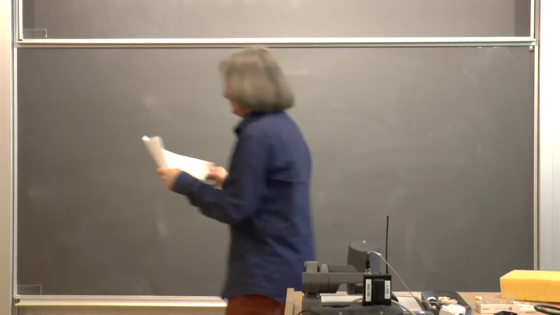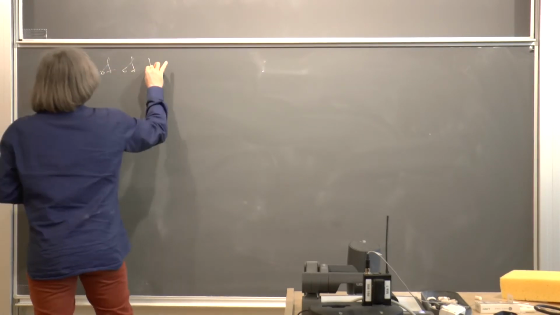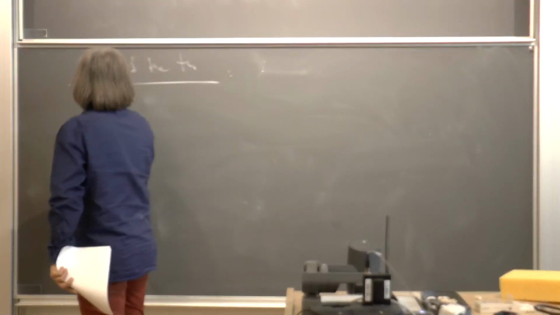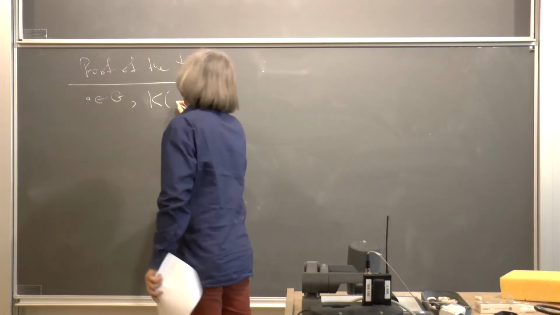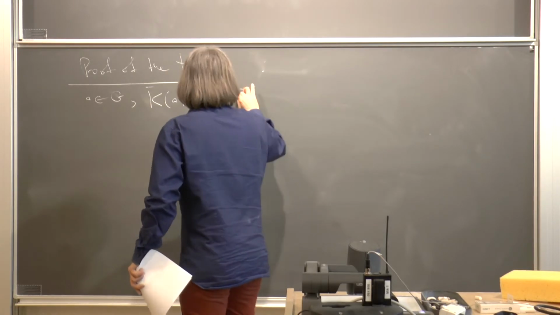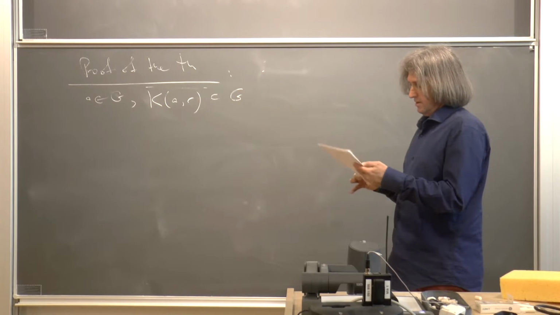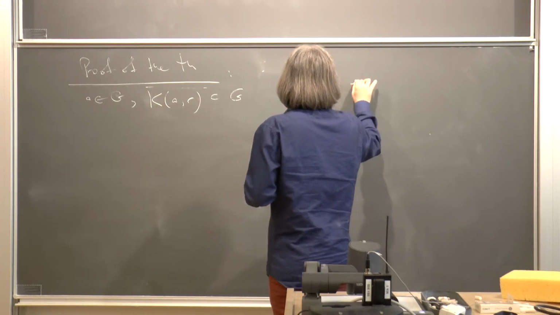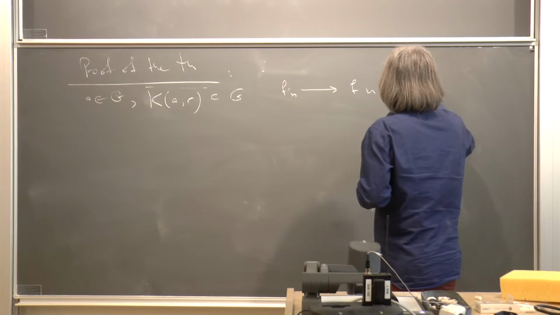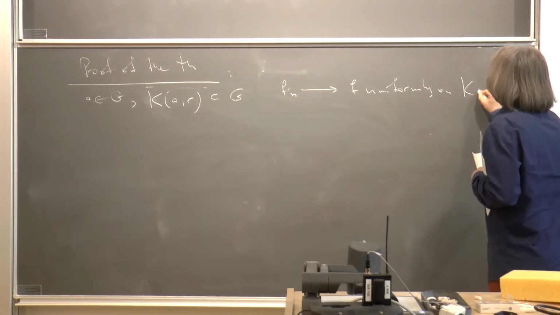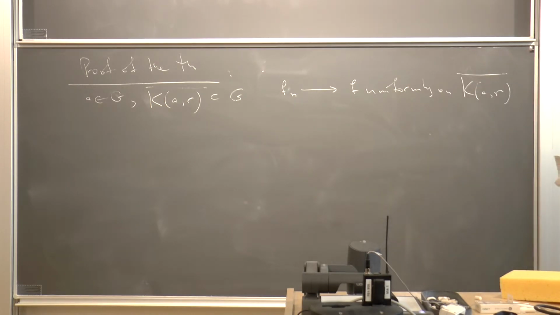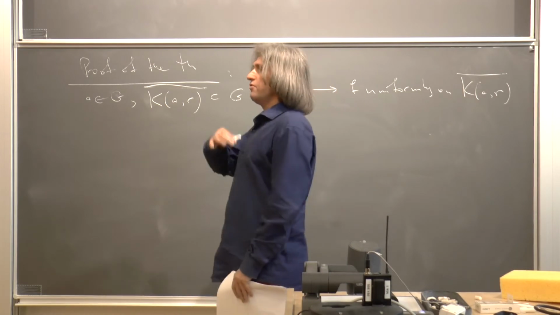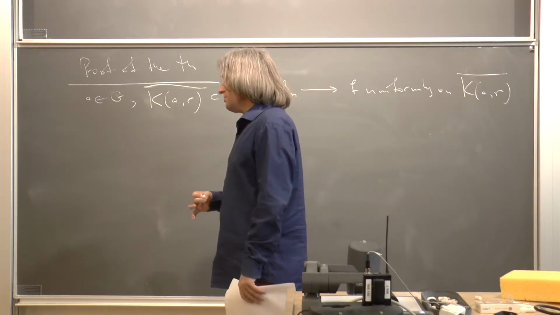So, proof of the theorem. We choose a point and a closed disk around this point inside G. So Fn converges to F uniformly on the closed disk A R. In particular, as we know, uniform convergence preserves continuity.